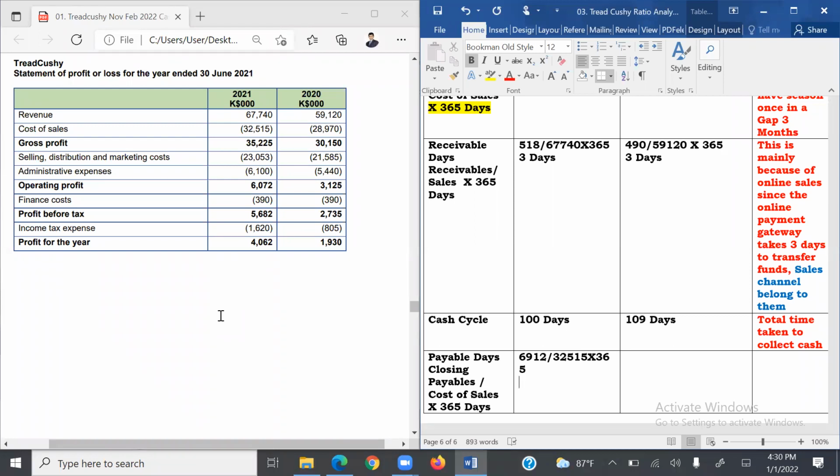So let's work out, students. 6,912 divided by 32,515 multiplied by 365. That's effectively giving you an answer of 78 days.